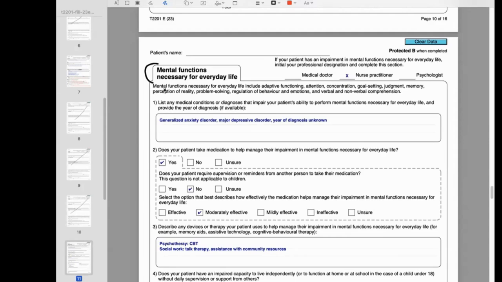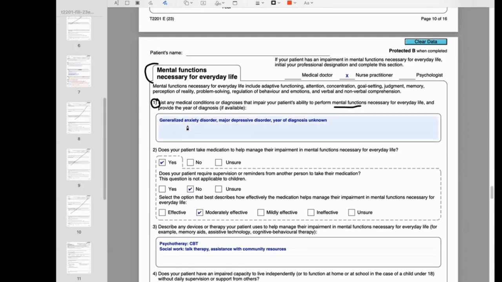This is a section that I've commonly completed because either patients request it or they're likely going to be eligible. So this is about any type of mental function that is significantly impaired. It's necessary for everyday life, adaptive functioning, attention, concentration, etc. So again, they want us to list any medical conditions that impair that mental function.